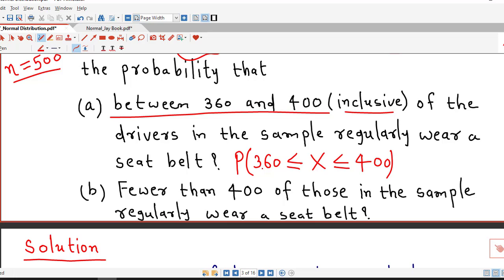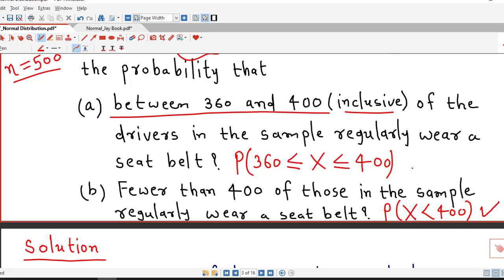So we have to find this probability, and probability that fewer than 400 regularly wear a seat belt. Fewer than means we have to find the probability that the number of drivers who wear seat belt regularly is less than 400.